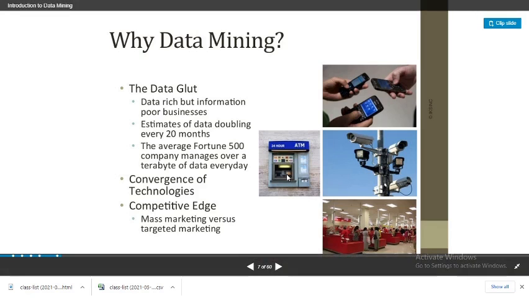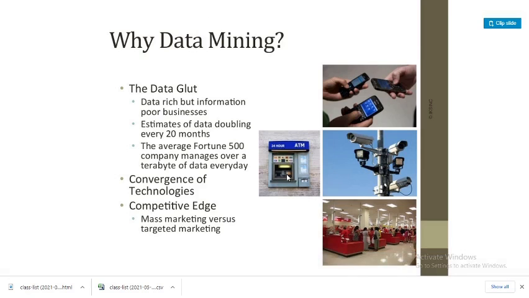These are various sources of collecting data. A huge amount of data is there, but it has to be processed to generate business and to get knowledge. New knowledge has to be discovered.